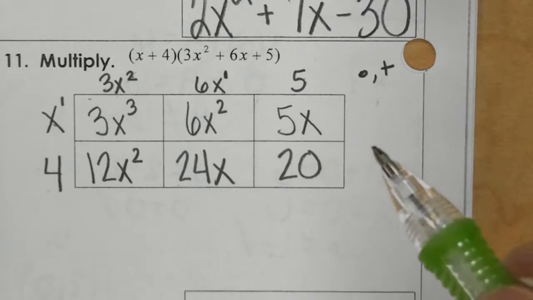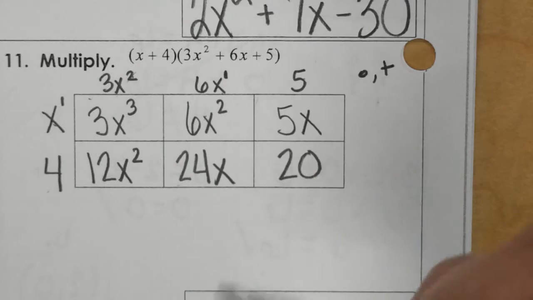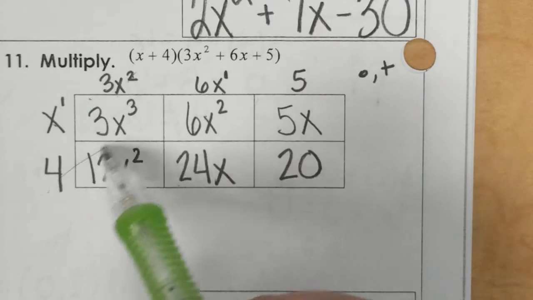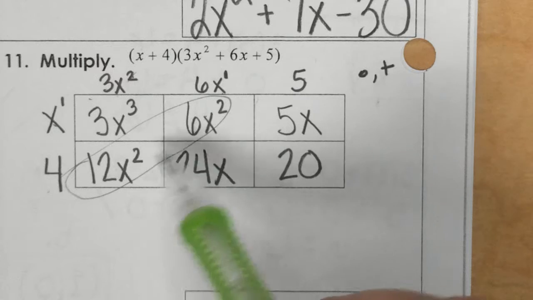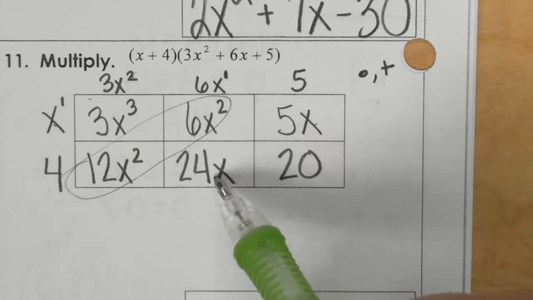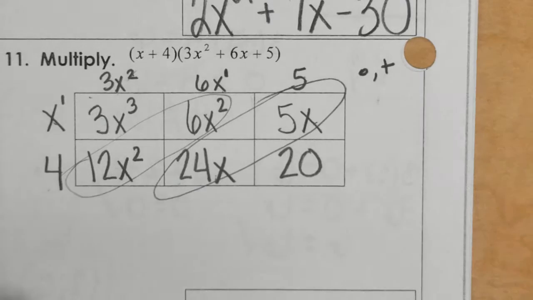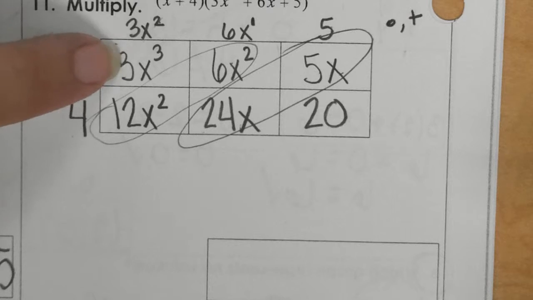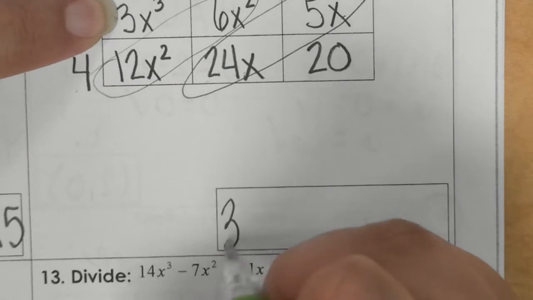Double check. Are your diagonals the same x and exponents? So here, do they match? X squared, x squared. Yes. Here, do these match? X, x. Yes. So when I write my answer, this top corner box should be the first solution I write down.